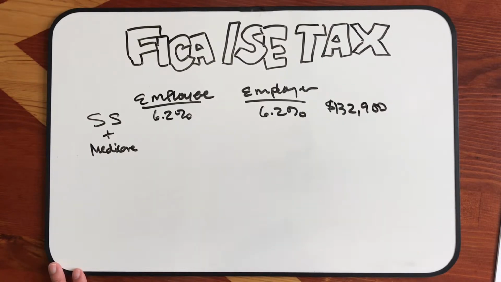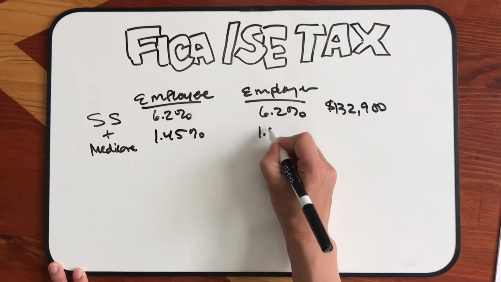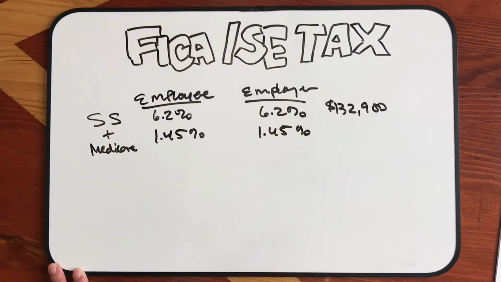That number is for 2019, and that cap is indexed for inflation, so it rises a little every year. That means every dollar over $132,900 does not get Social Security tax. You also each contribute 1.45% of your gross wages to Medicare, and that does not get a cap.